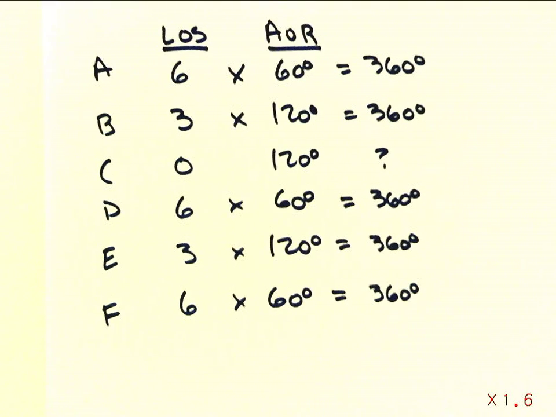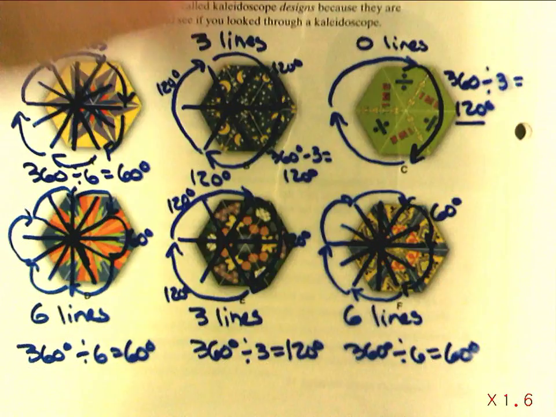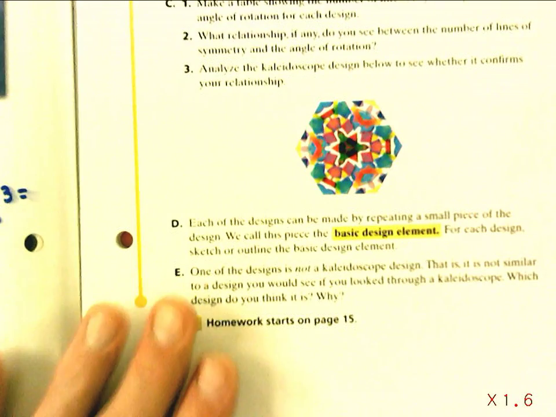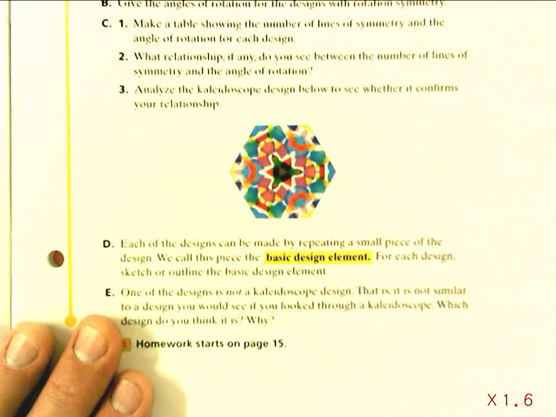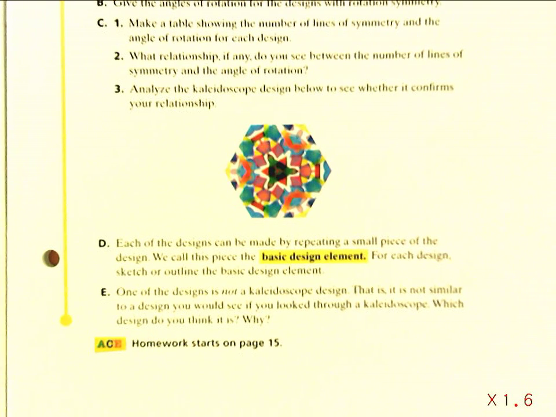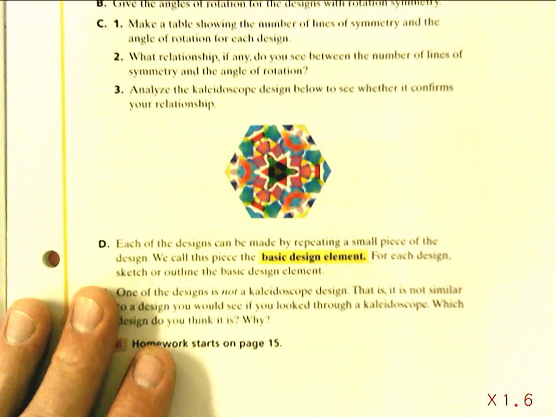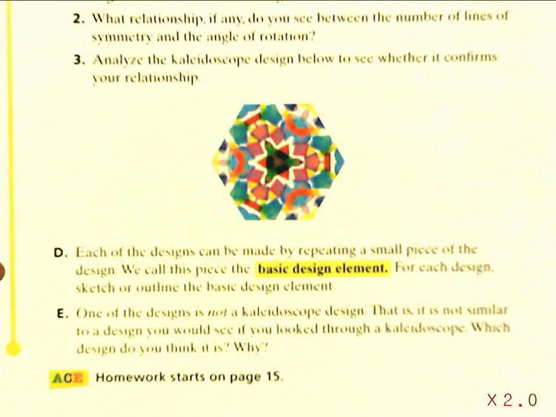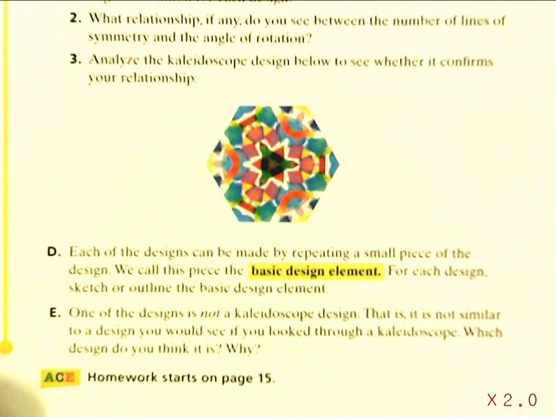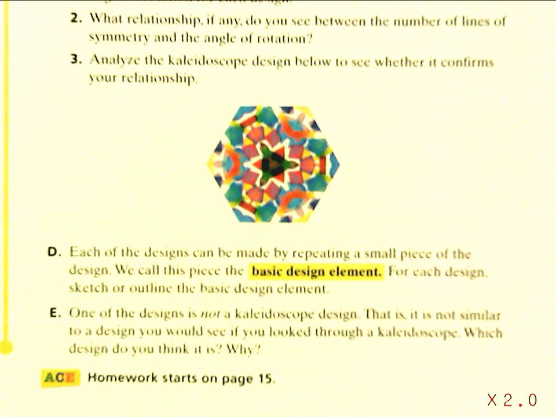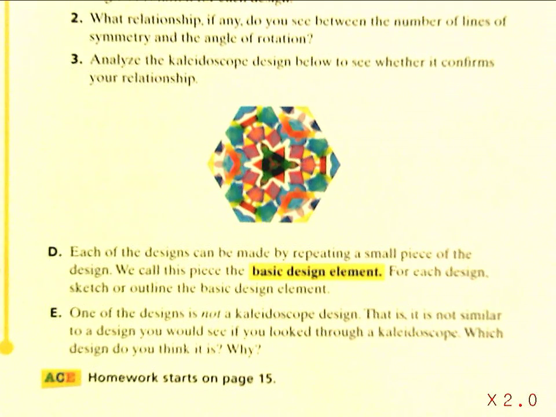So if we look at one more kaleidoscope, in problem 1.3, this last kaleidoscope, I'll zoom in a little bit more on it to see it a little better, and we're looking to confirm the relationship, if we can find the angle of rotation or the lines of symmetry.